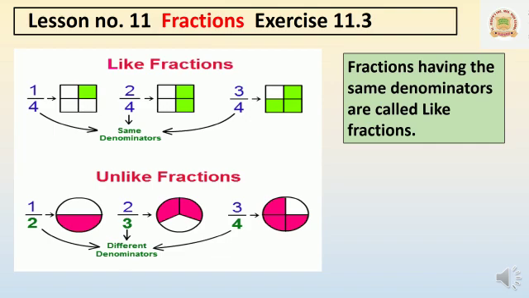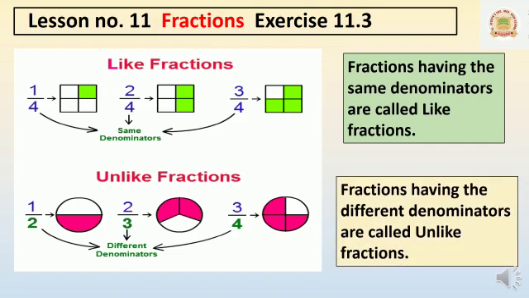If in the given set of fractions the denominators are different, we call it unlike fractions. Fractions having different denominators are called unlike fractions. Today in this exercise we are going to work on like fractions and unlike fractions, and also along with this we are going to do proper fraction, improper fraction and mixed fraction. So let us do the exercise.